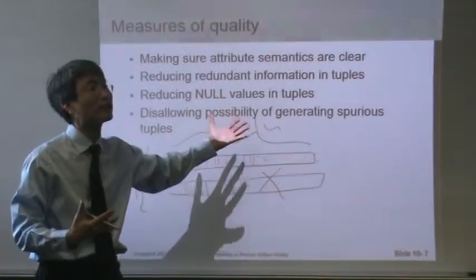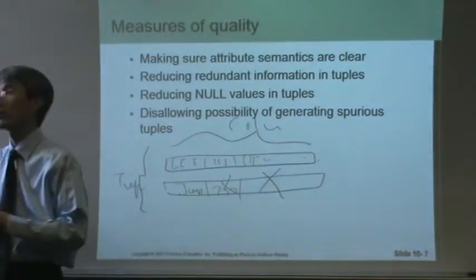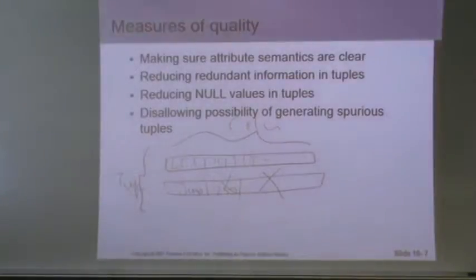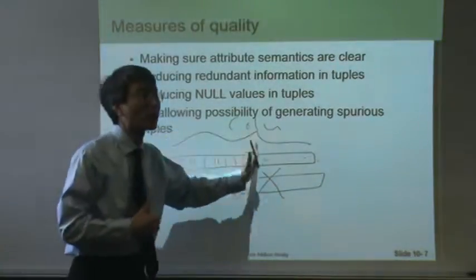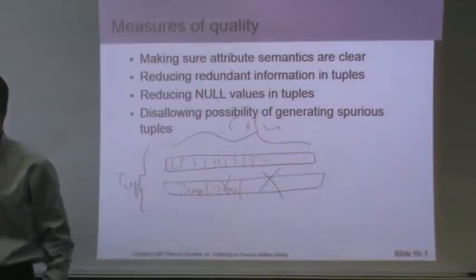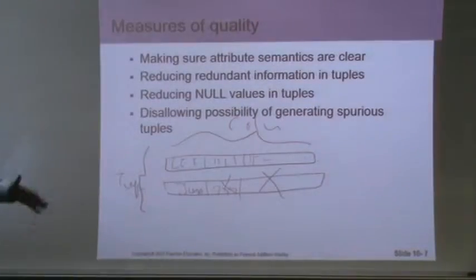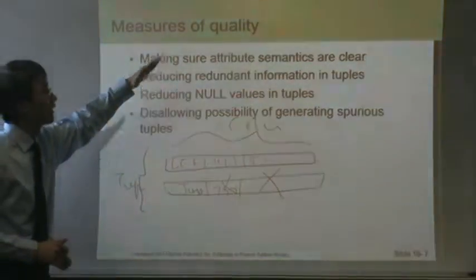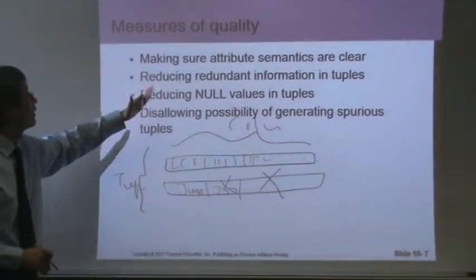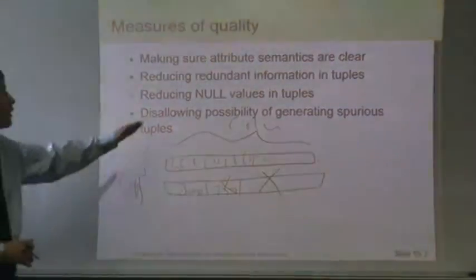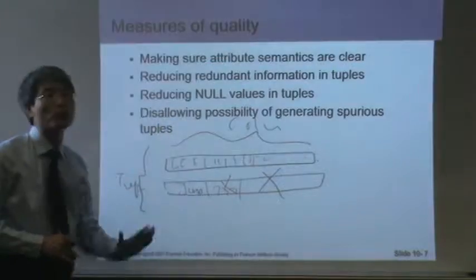We will see details and an example of spurious tuples. So we want no possibility of such unexpected data. That is the measurement of quality. So our goal is clear semantics, less redundancy, fewer nulls, and no spurious data.